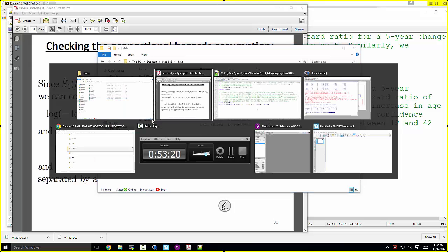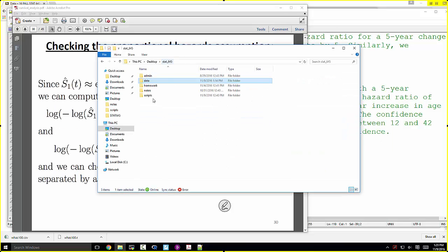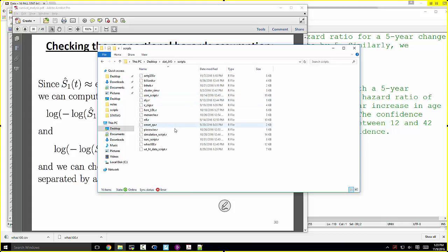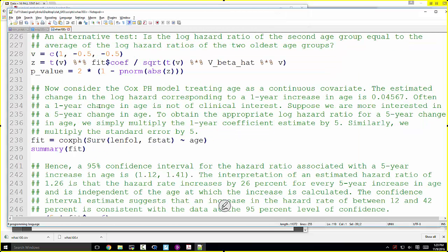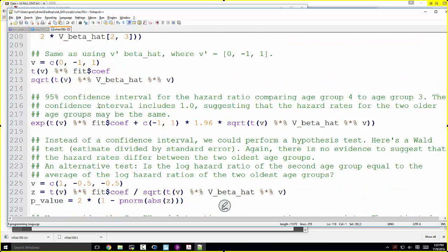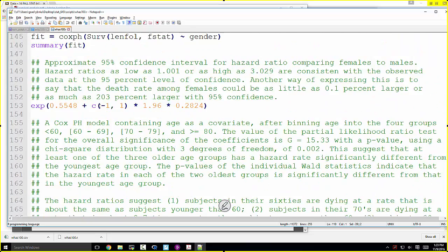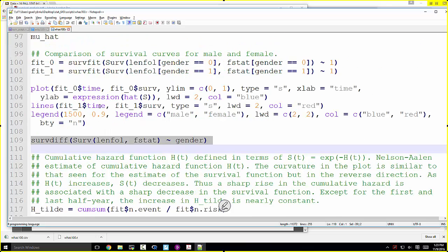With one of our data sets, at least, I know I have code for checking the assumptions of proportional hazards. I don't think it's in this one.